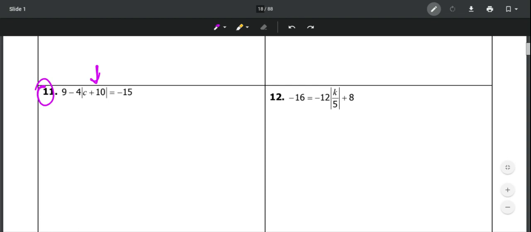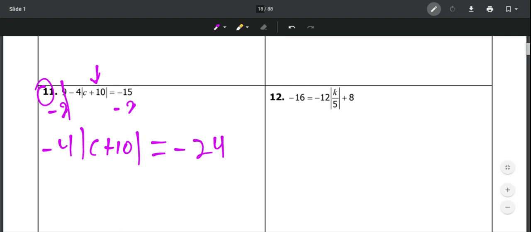So the first thing you want to do is get rid of whatever is added or subtracted before you divide or multiply. So that'll look like a minus 9 to both sides. Then you'll have negative 4 times the absolute value of c plus 10 equals negative 24.